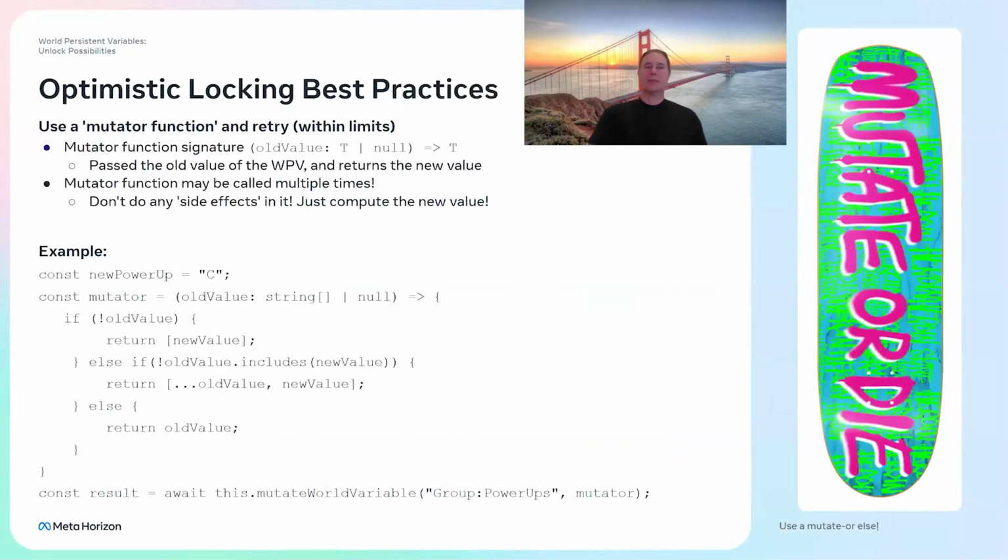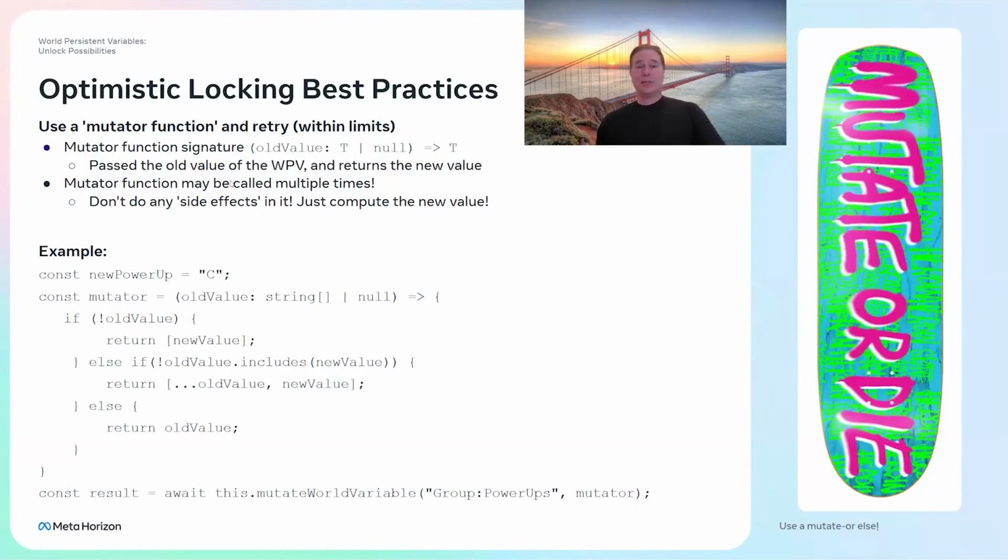So I'm going to talk about some optimistic locking best practices. The way I recommend dealing with the retrying, where you have to script the code, is to create a mutator function and retry within some number of limits, or some number of times, to try to get the value that you're trying to set into the world persistent variable. Your mutator function should take the old value and return the new value.